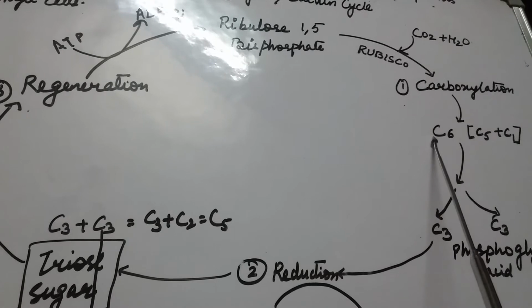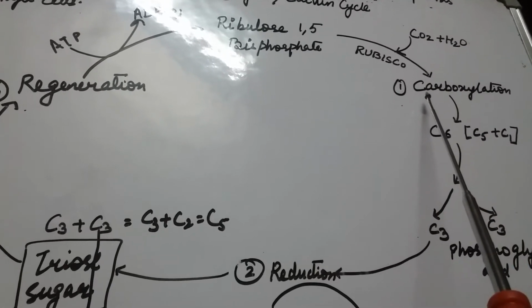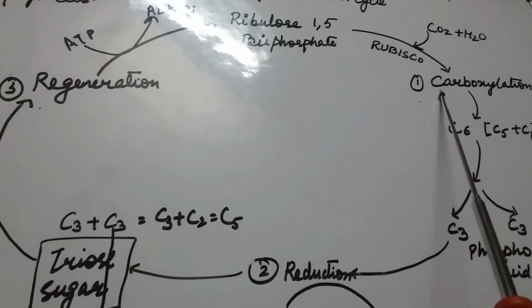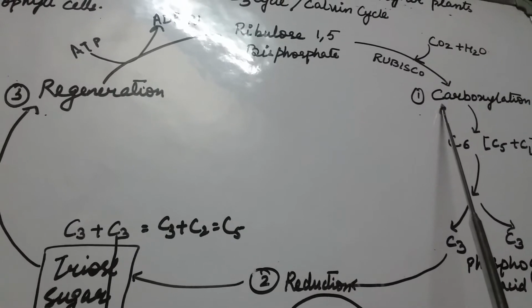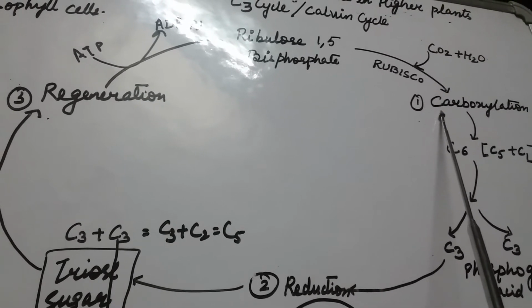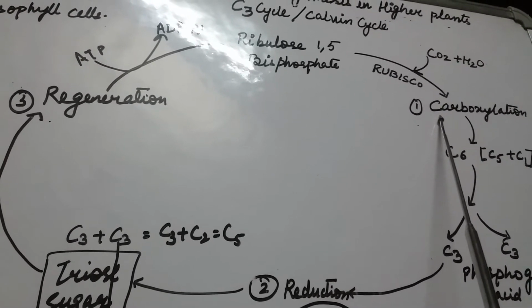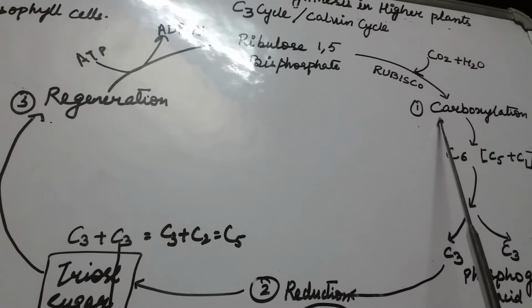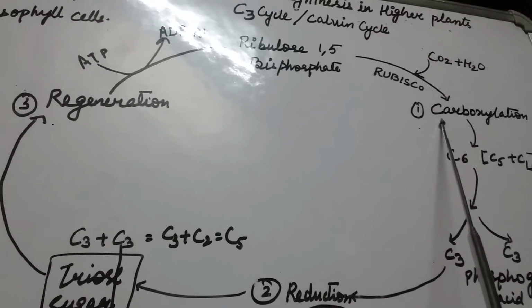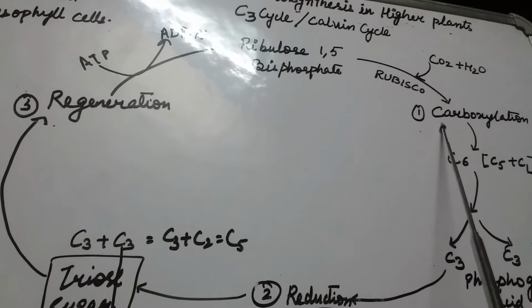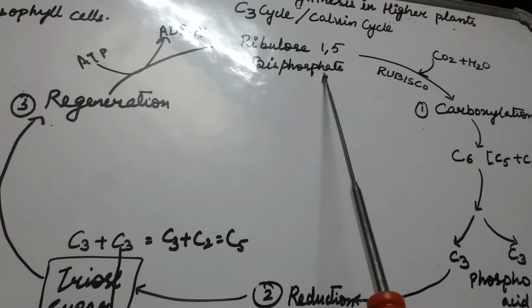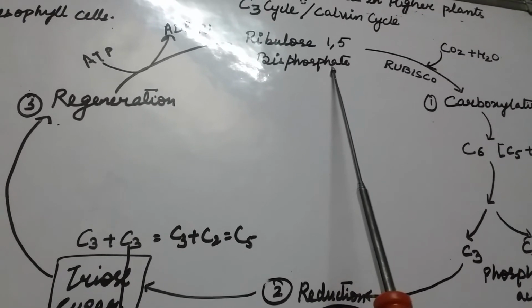a C6 compound after the addition, that is the carboxylation, the fixation of carbon dioxide into a stable organic intermediate. This is the crucial step of the Calvin cycle where carbon dioxide is utilized for the carboxylation of RuBP.